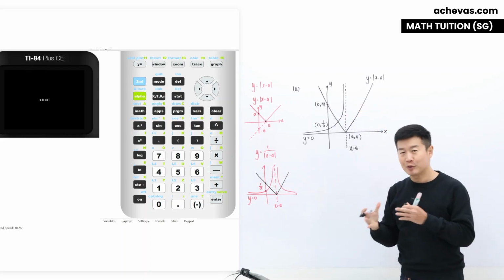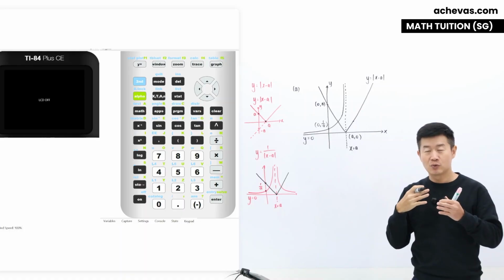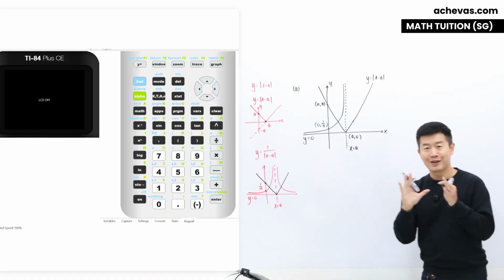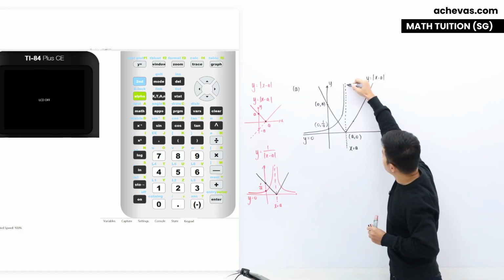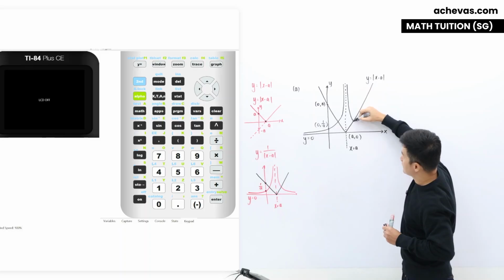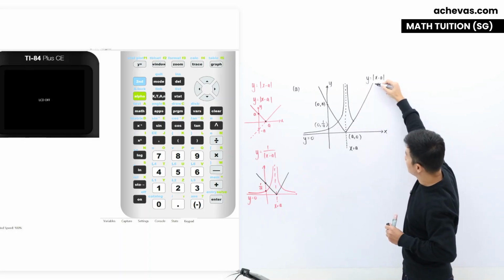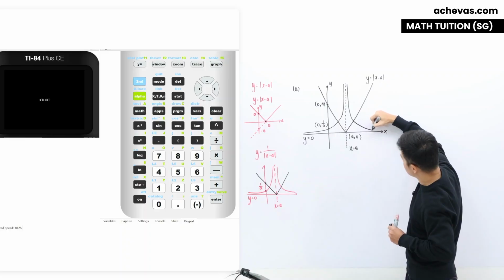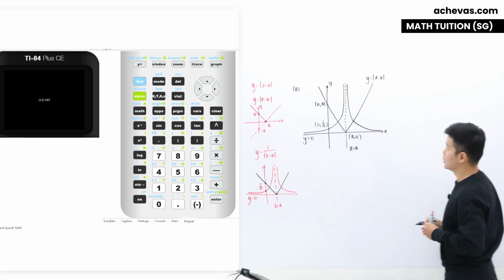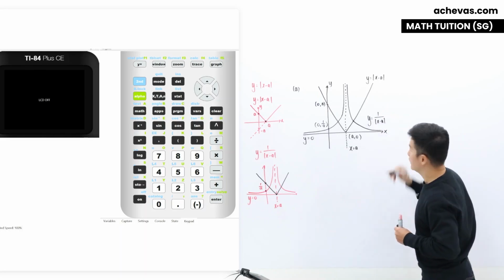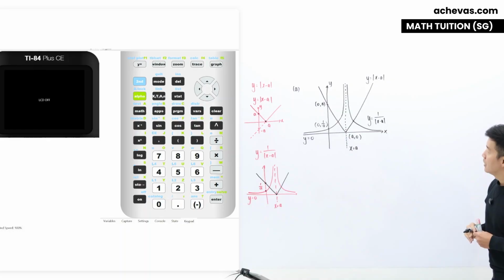So if I realize this symmetrical characteristic of the two graphs, then I can draw it even better by making sure that the other portion of the second graph passes through a point that intersects the first graph at the same y coordinates, something like this. Then it will tend towards the horizontal asymptote. And this will be the graph of y equals 1 over modulus of x minus a.